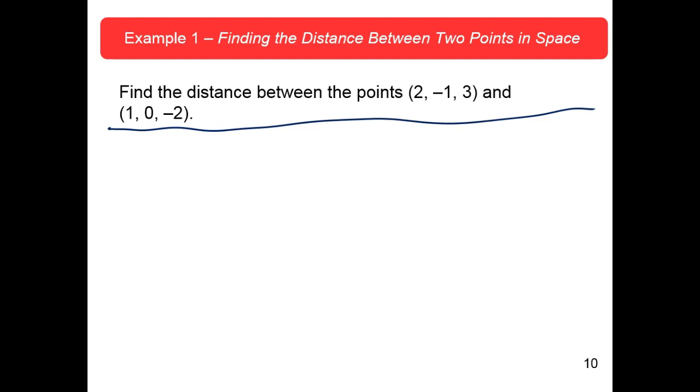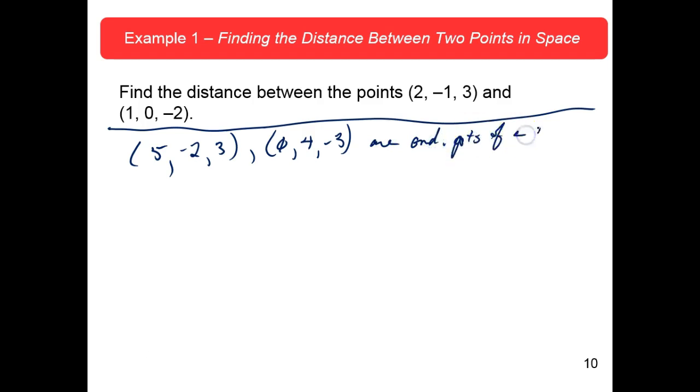Find the standard equation of the sphere that has the points 5, -2, 3, and 0, 4, -3 as endpoints of the diameter. Okay? These are endpoints of a diameter. Now, what does that tell you? Anything?